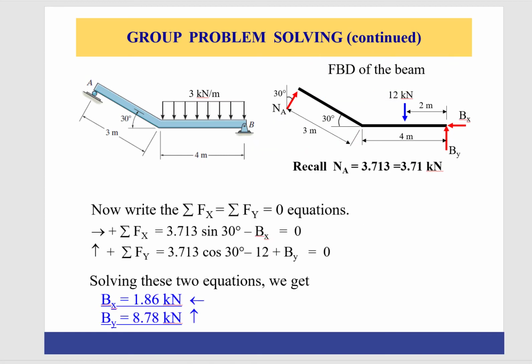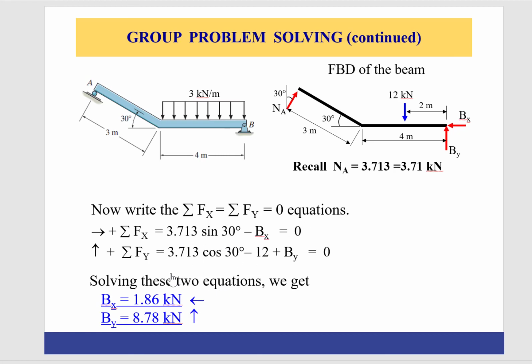The remaining unknowns follow by applying the equilibrium in x and y. Simply after knowing this, things will fall easily into place. Summation of forces in x: Bx, which is negative, we assume here a negative direction, plus NAx, which we calculated to be that magnitude, and it's positive, is going to be equal to 0.